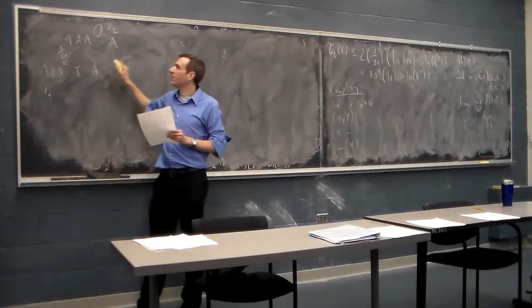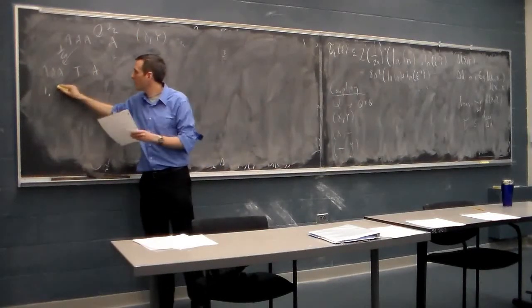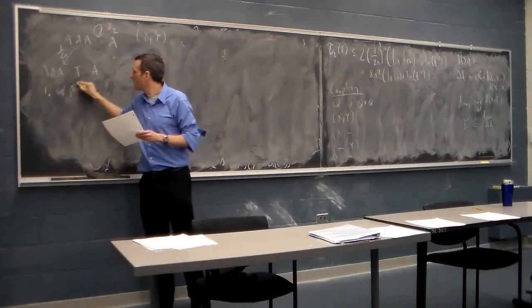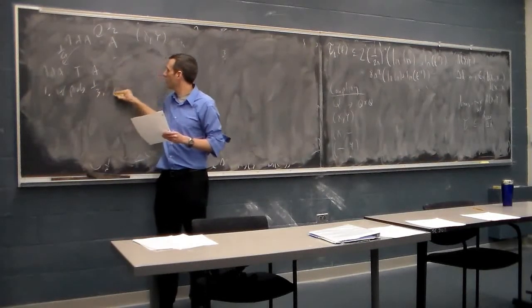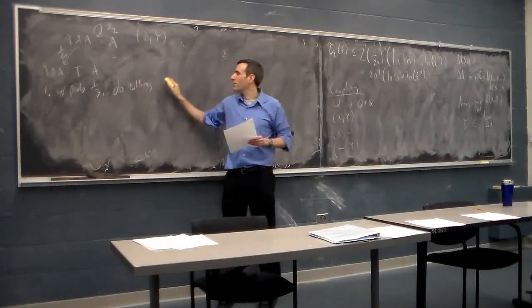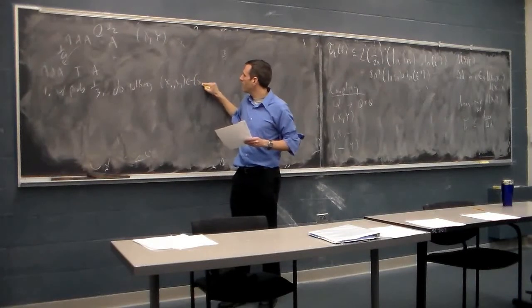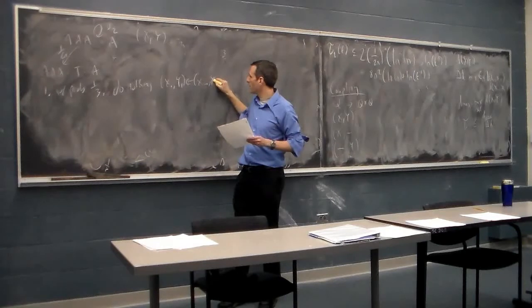From any given state, so any pair of sequences x and y, we're going to say first, with probability 1/3, do nothing. So xi, yi is going to be xi minus 1, yi minus 1.